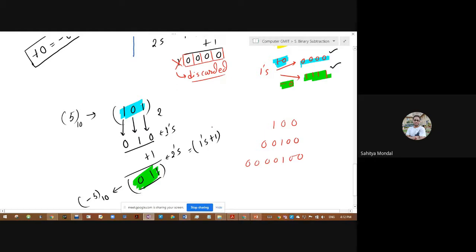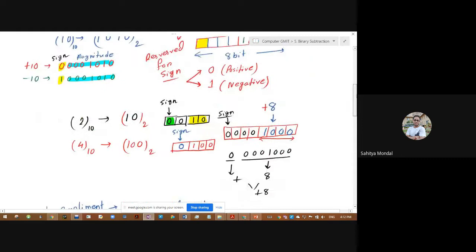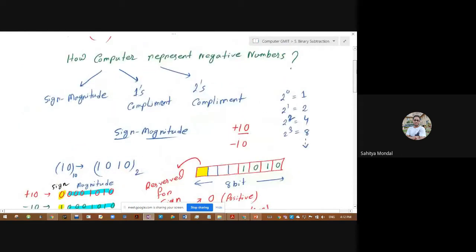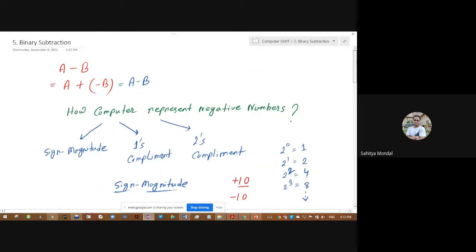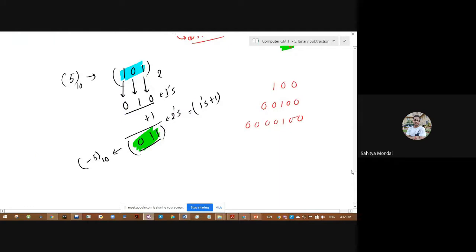There is a format, IEEE 754, where you will learn the whole thing. This is the preliminary part. In computer architecture in the 5th semester, you will learn the same thing. I told you these are the 3 different methodologies to represent negative numbers. The primary motto of telling everything is that we are going to learn subtraction. That's it. Don't think deeper.